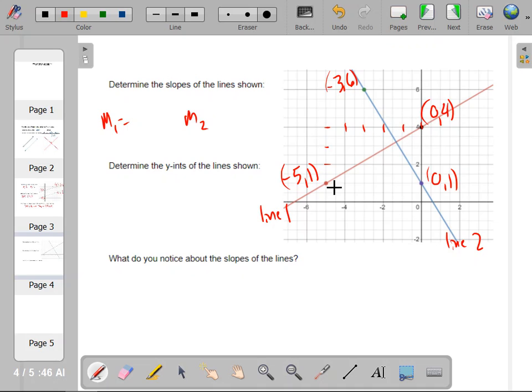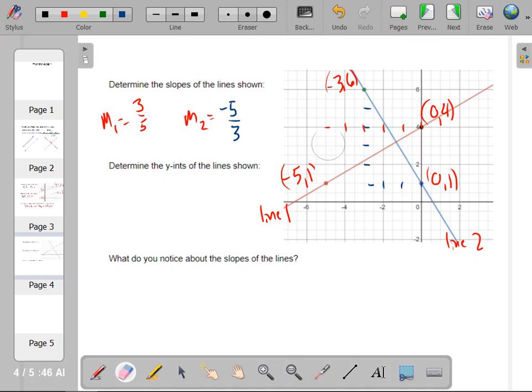Up 3 over 5. So the slope of line 1 is 3/5. For line 2, I need to go down 1, 2, 3, 4, down 5, over 1, 2, 3. So down 5 is -5, over 3 is -5/3.